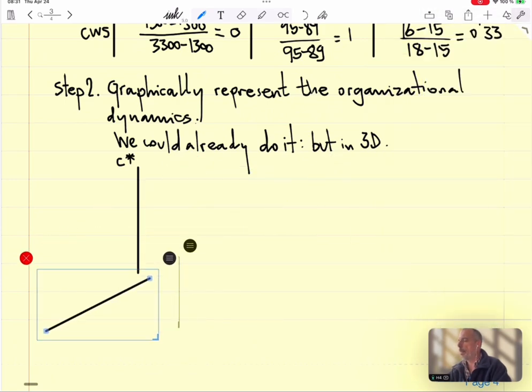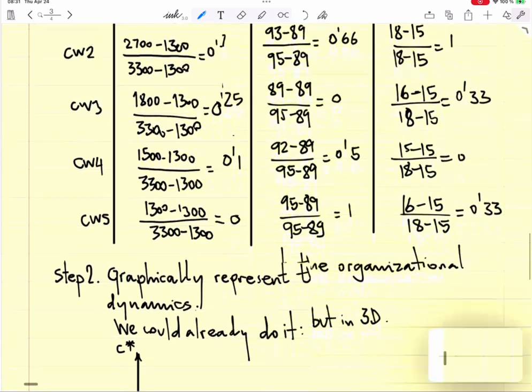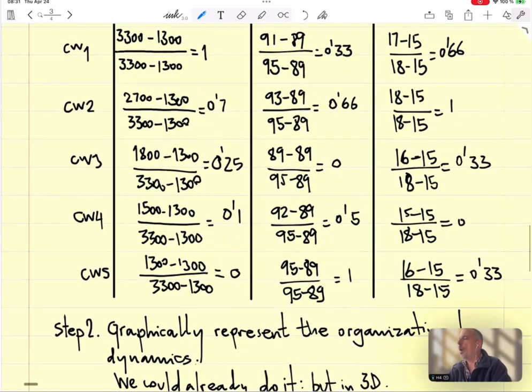So we could say here, this is our quality star, this is our delivery rate star, okay? So you see, we have here a three-dimensional domain. And then we say, okay, the first point is 1, 0.33, 0.66. Let's represent it.